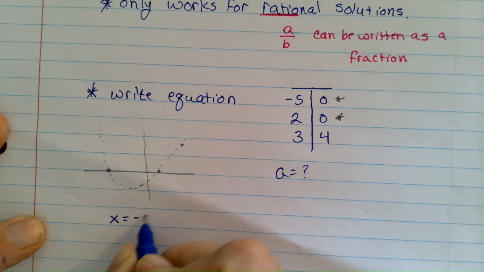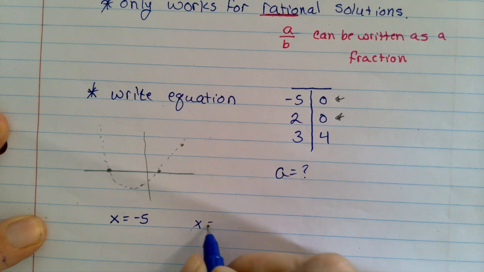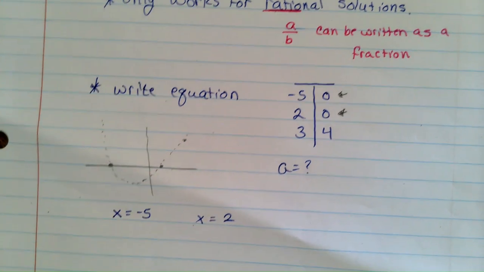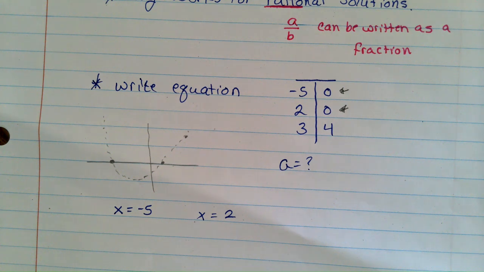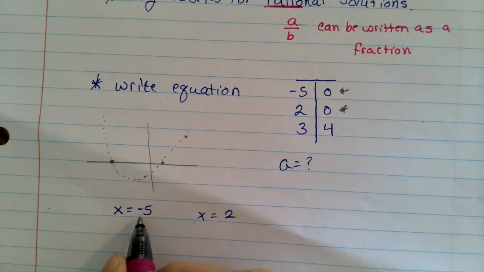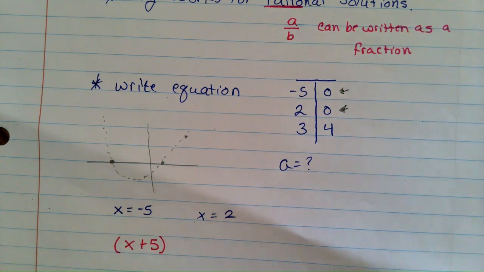However, we do know that x equals -5 and x equals 2 are answers from the factoring. Well, if x equals -5 is an answer, then x plus 5 had to be a quantity.